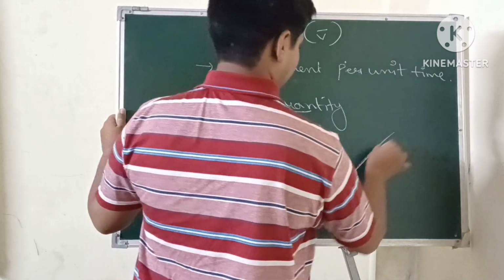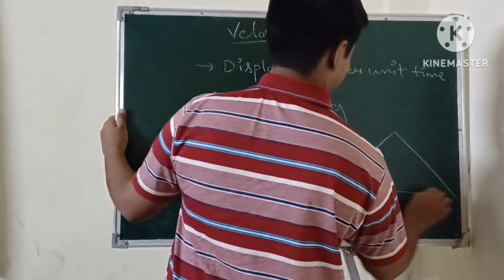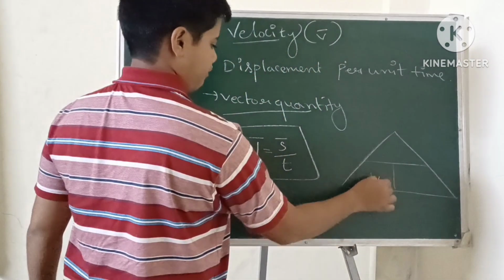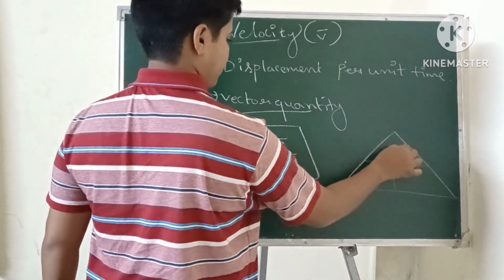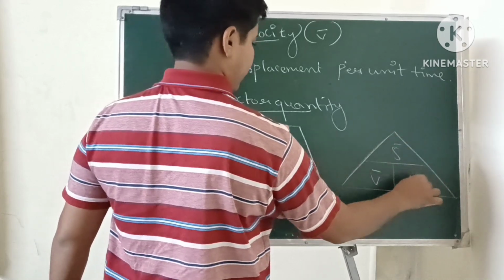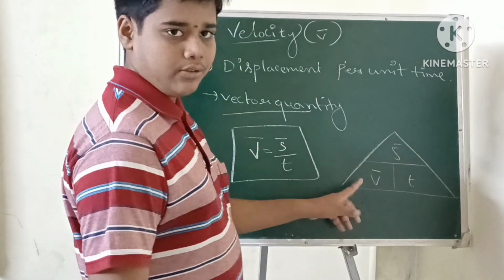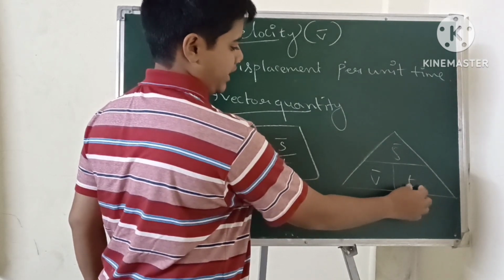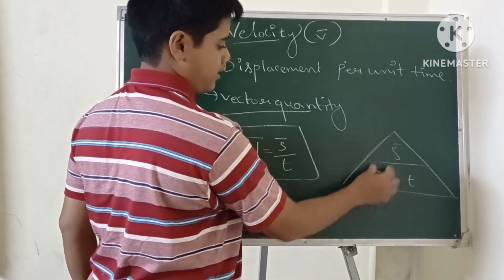So we can represent these quantities in a triangle. See, velocity v bar and this is s bar and t. Here I have to find velocity means displacement by time. Time means displacement by velocity.